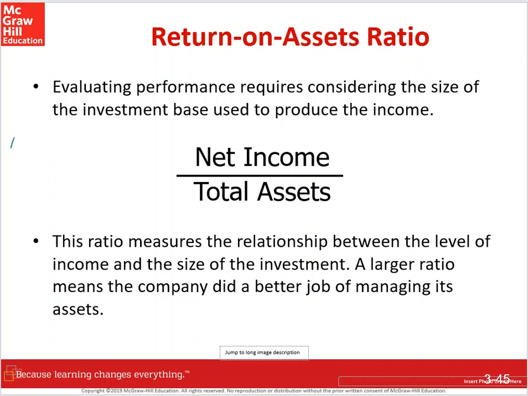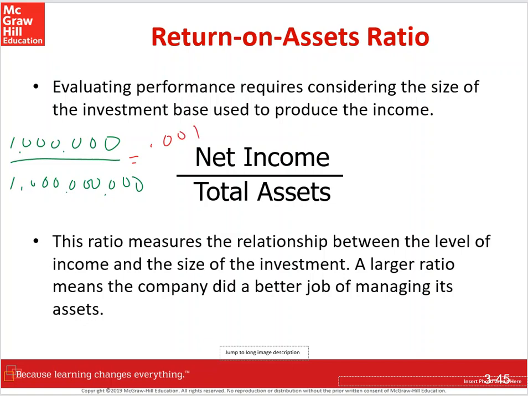So let's say I've got $1 million of net income. That's a lot of zeros for me to draw. And let's say I had total assets of $1 billion. That's even more zeros for me to draw. What's my ratio? That equals 0.001.